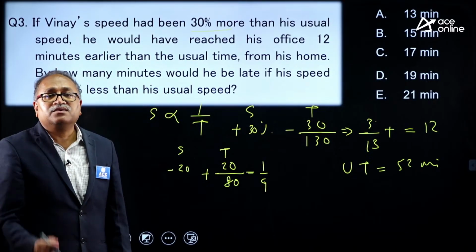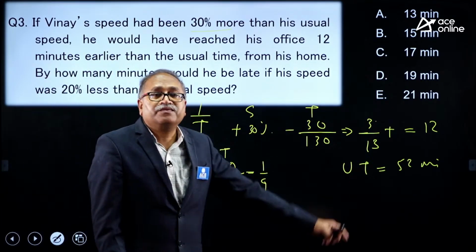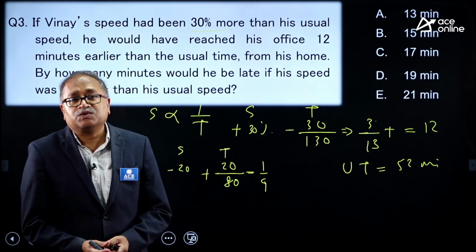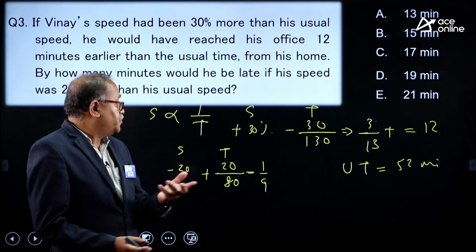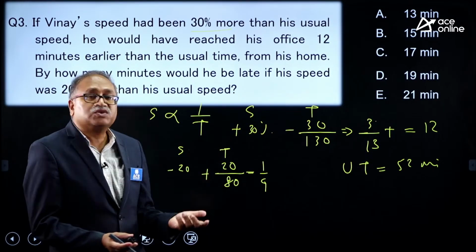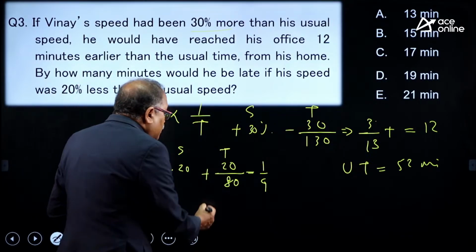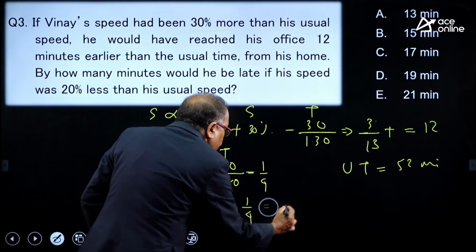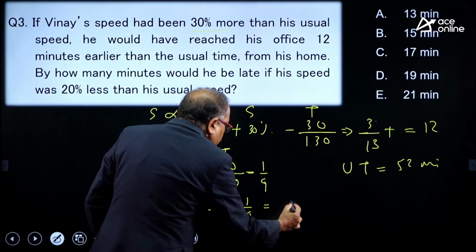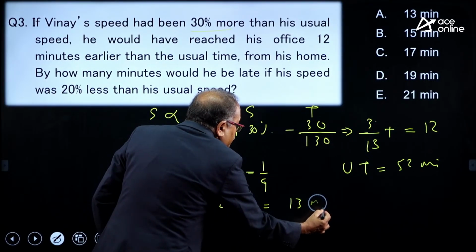Now, you can answer the question. The usual time is 52 minutes, the time will increase by 1/4. What is 1/4 of 52? So, 13 4 is 52. Let me write down this one, the 52 into 1/4 is the extra time and that is 13 minutes.